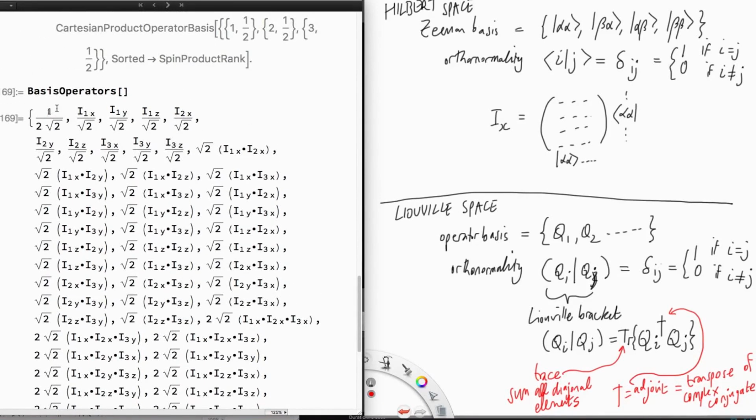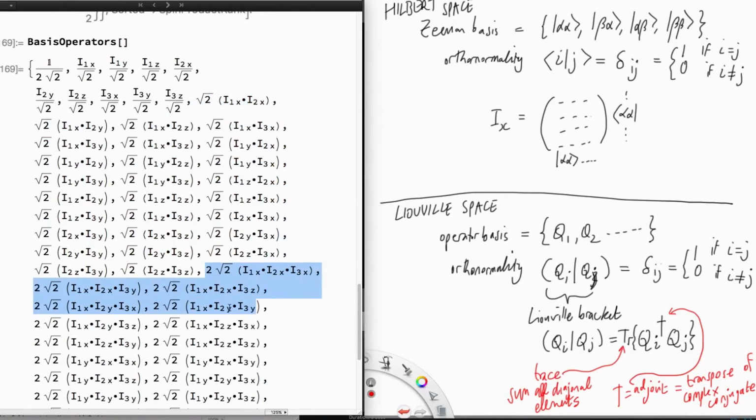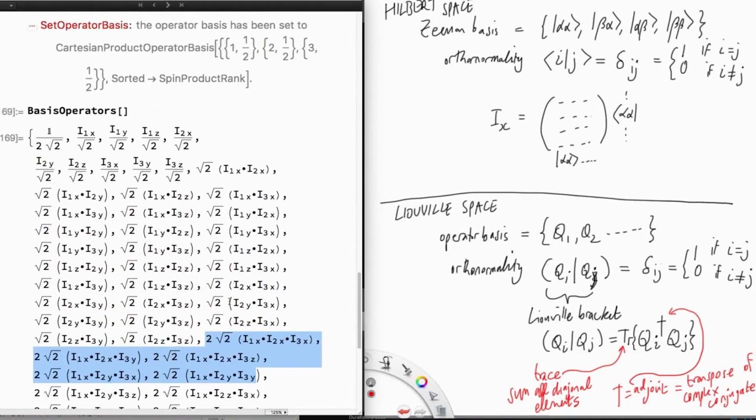The first one is just the unity operator, normalized by some factors here. And then we have a whole bunch of Ix, Iy, Iz operators for the 3 different spins. So these are single spin operators. And then we have a whole bunch of 2-spin operators, and then a whole bunch of 3-spin operators, and so on. So this is what's meant by spin product rank. The spin product rank of a 1-spin operator is 1, a 2-spin operator is 2, and so on.